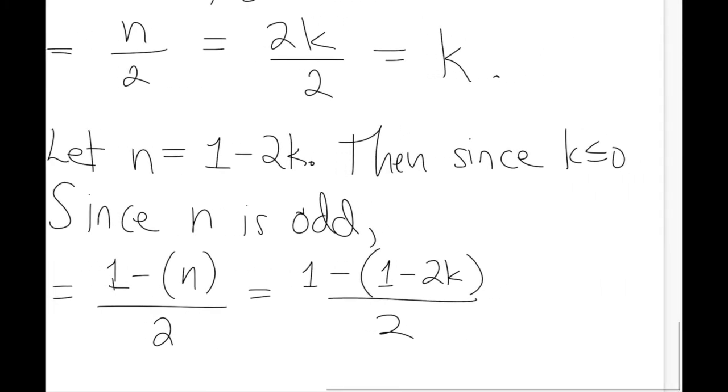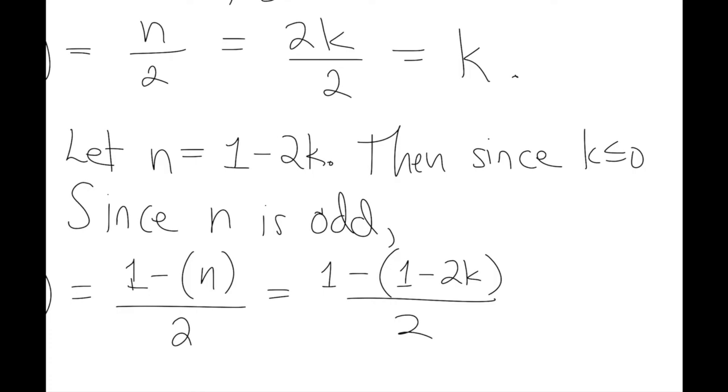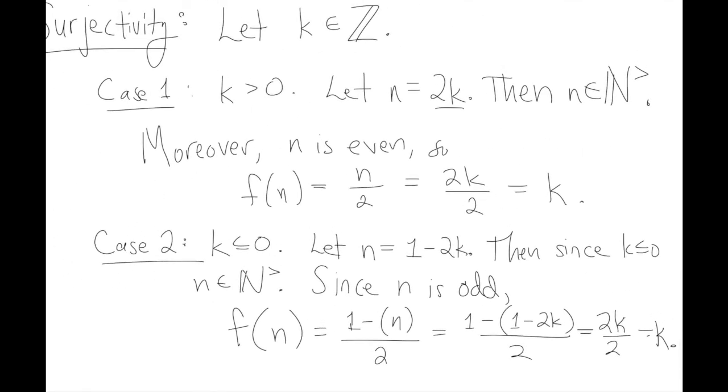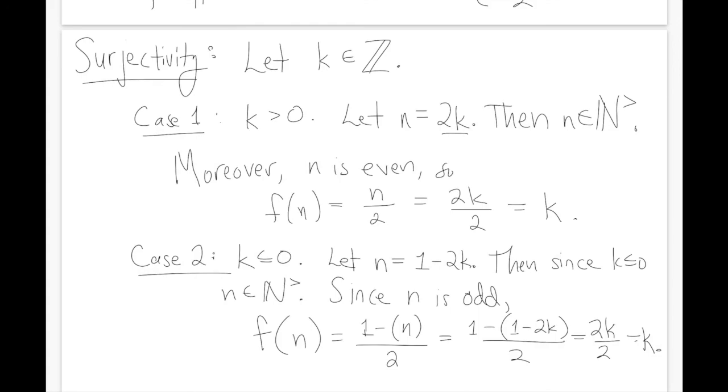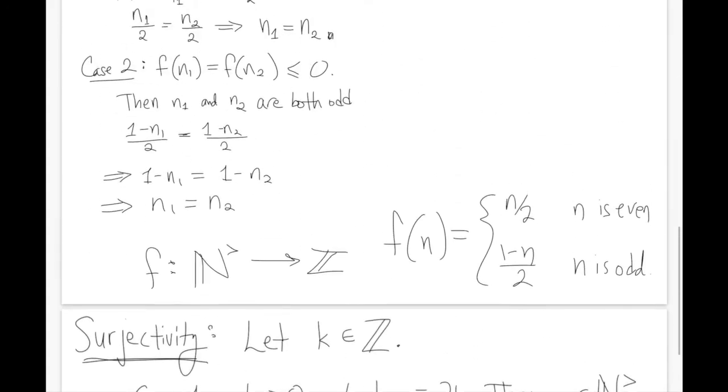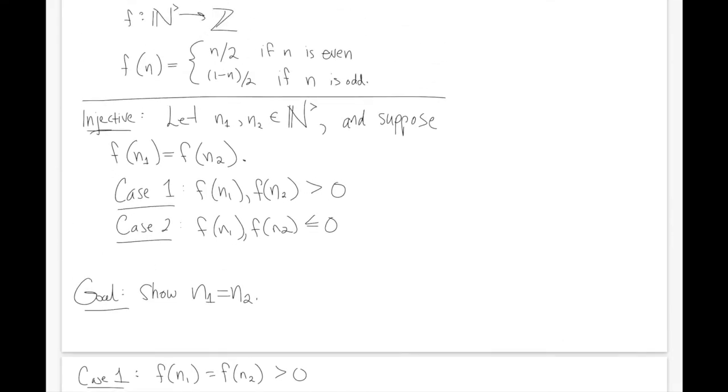And that just equals 2k divided by 2, which equals k. That shows that in the second case we also have surjectivity, and that ends the proof. That shows that f is surjective here. And since our previous work showed that f is injective, f is actually a bijection.